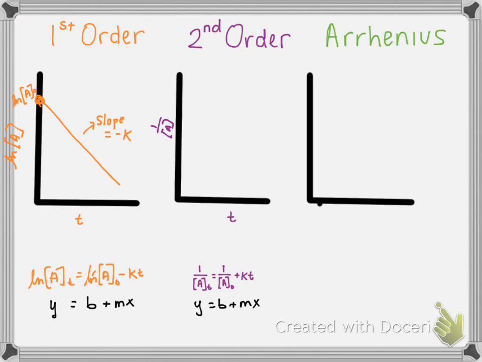So our intercept, represented by b, is going to be 1 over our initial concentration. And because we have positive k, our slope will be positive. And I just want to remind you guys that k is always positive. It's just the slope shows up as going down in first order.